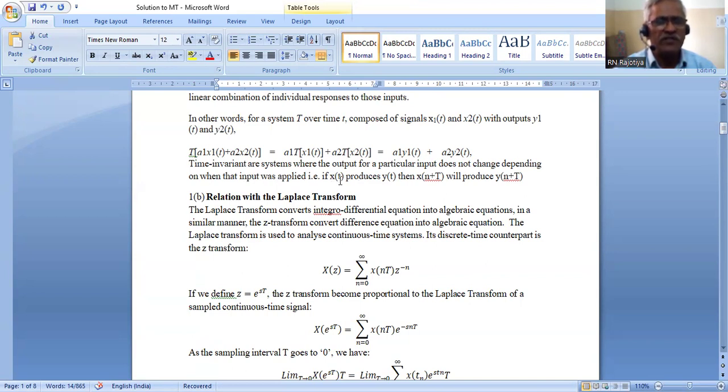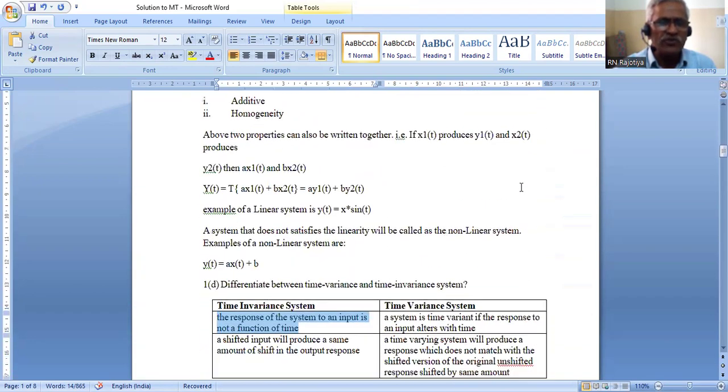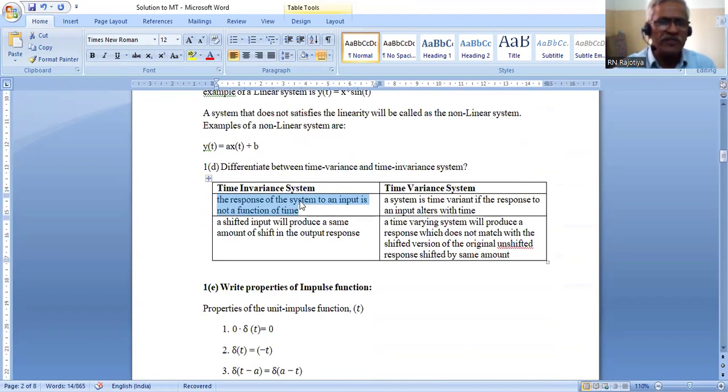That is, if x(t) produces y(t), then x(t + n) will produce y(t + n). So the difference is that time invariant systems are those in which the response to an excitation or input is not a function of time.